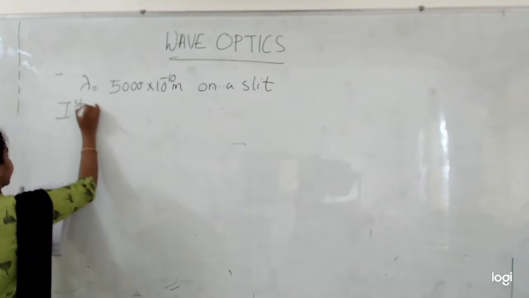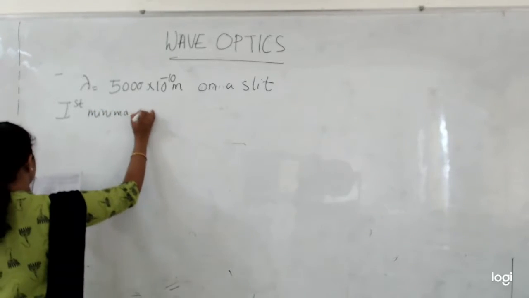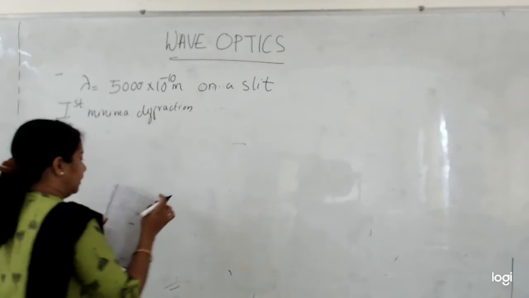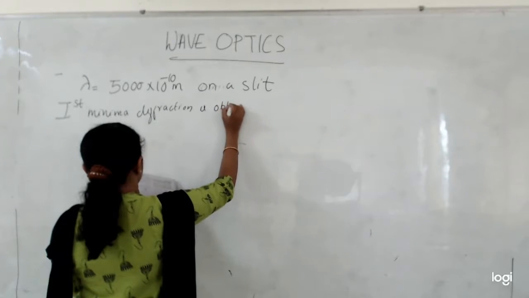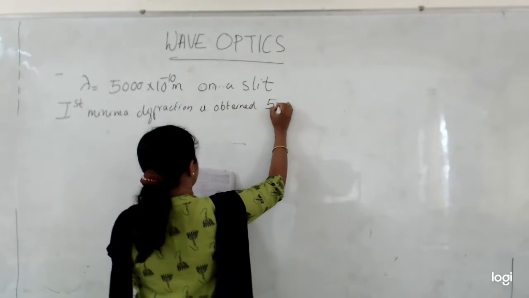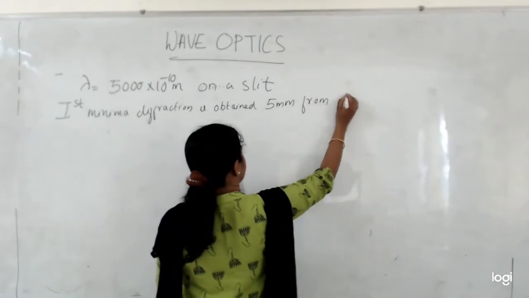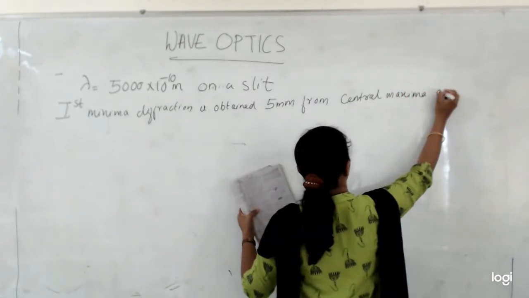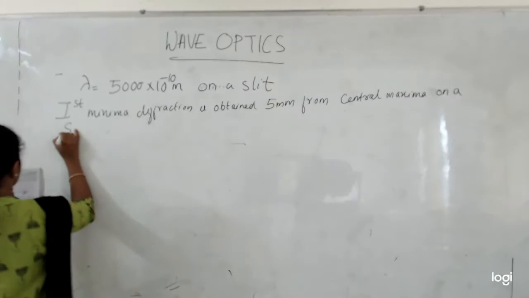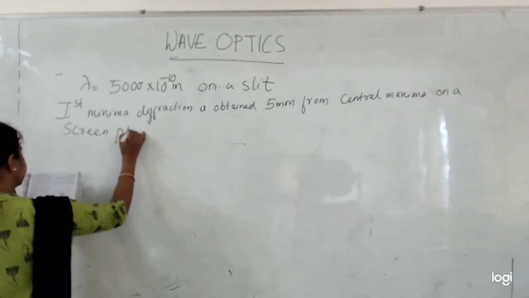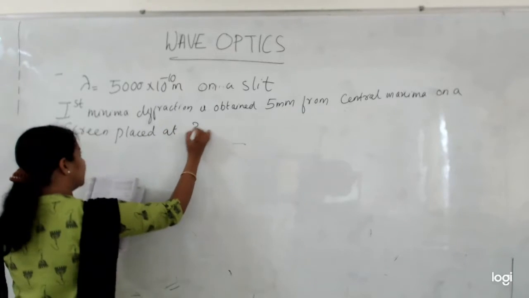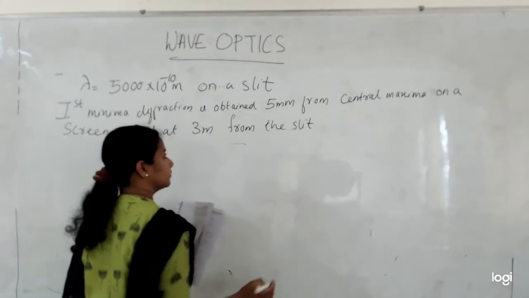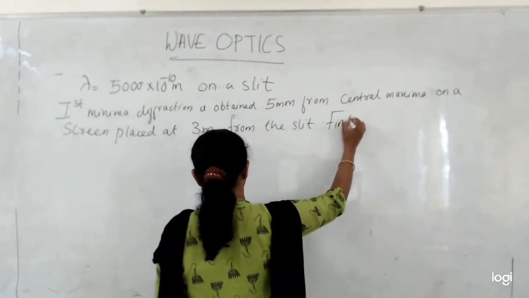The first diffraction minima is obtained 5 millimeter from the central maxima on a screen placed at 3 meter from the slit. Find the width of the slit.